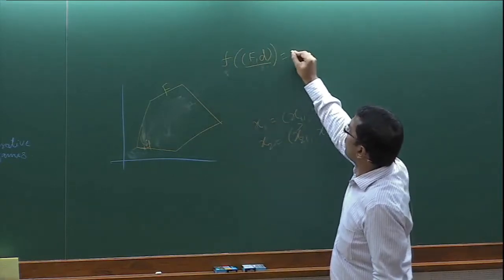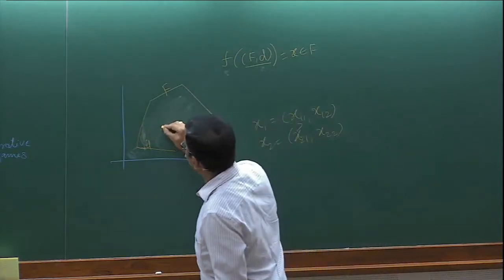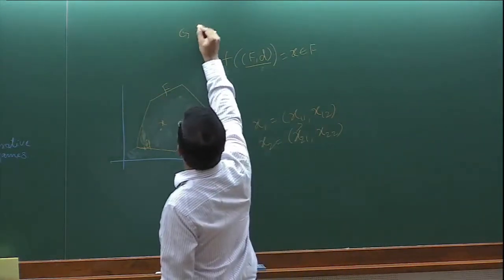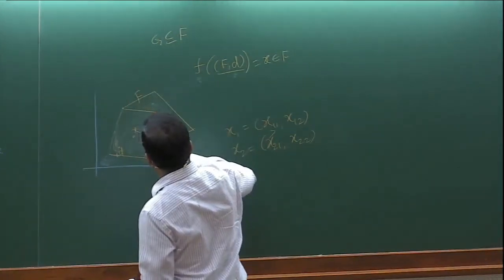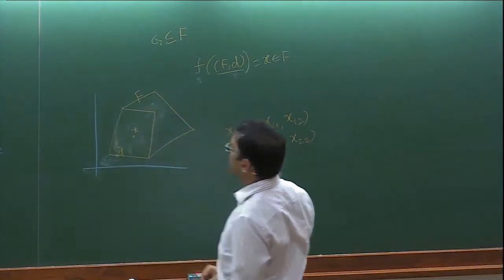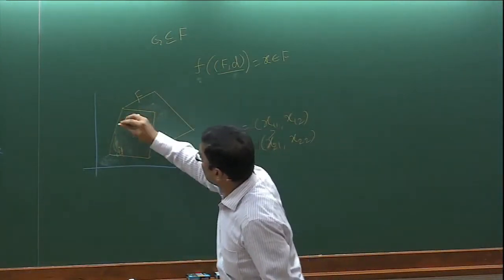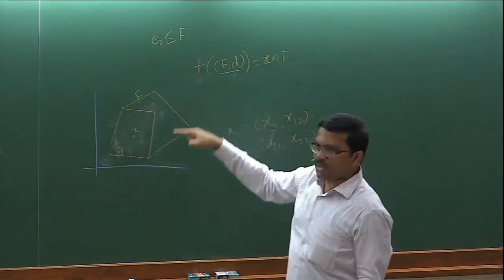So this selects some point X belonging to F. Suppose that X is here. Now you consider one subset G, a subset of F. Suppose this is G, and this entire thing is your F. So G is a subset of F.